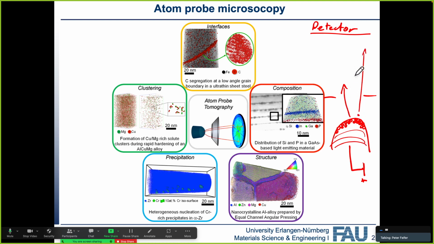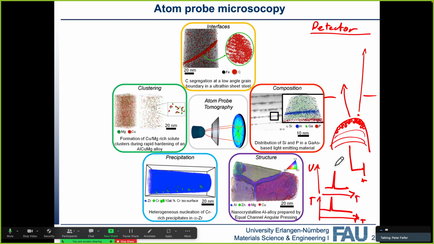They would come off at random times if we don't additionally provide some pulsing, which can be a voltage pulse, so that voltage over time varies, or we can vary temperature over time, same effect.